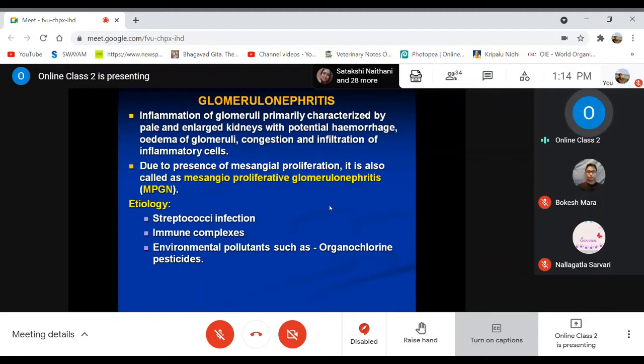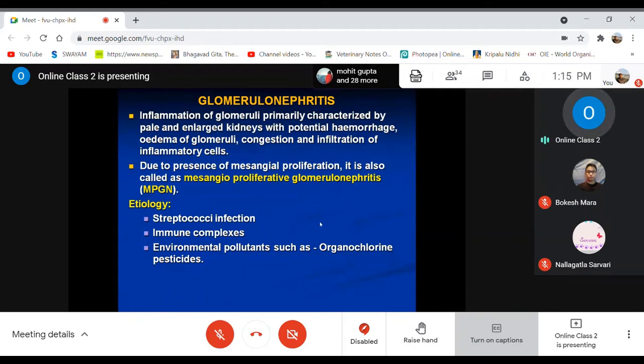There may be edema and congestion or infiltration of inflammatory cells in the glomeruli. And mostly in this glomeruli, the presence of mesangial cells used to be there. Because of the mesangial proliferation, all these mesangial cells are proliferated. Okay, so this type of glomerulonephritis is known as mesangial-proliferative glomerulonephritis, in short MPGN.